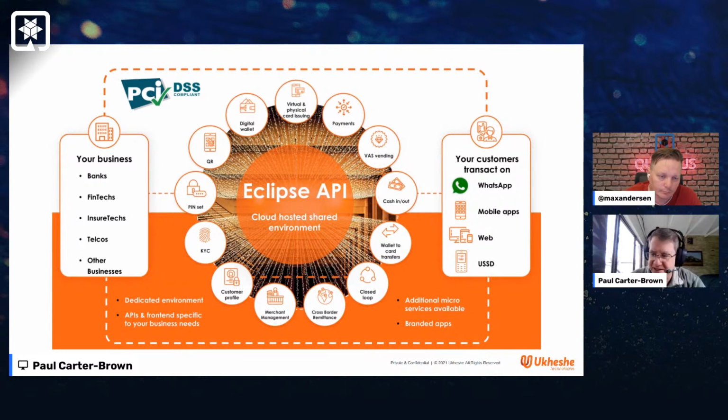We've got some of the local banks and telcos that we do a lot of work with. The main QR code payment mechanism in South Africa runs through us. So we're the company that you're probably using but haven't heard of. We're behind a lot of the fintech in Africa.